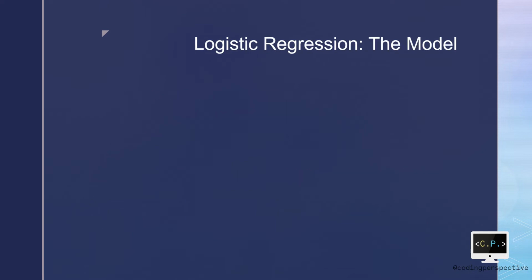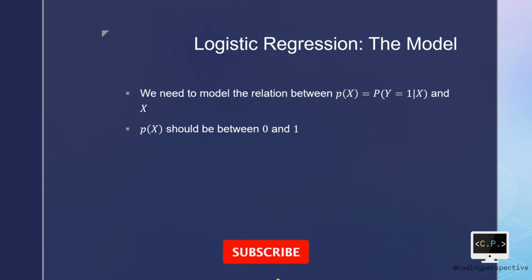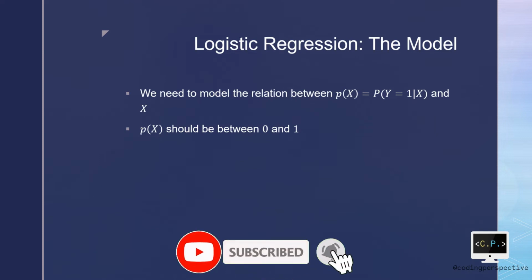Now we move to the construction of the model. As you may guess, we are trying to build a model that shows the relationship between the probability of Y and the dataset X. We use the notation p(x) as the probability of Y equal to 1 given X. Since we are dealing with probabilities, our outcome should be between 0 and 1.